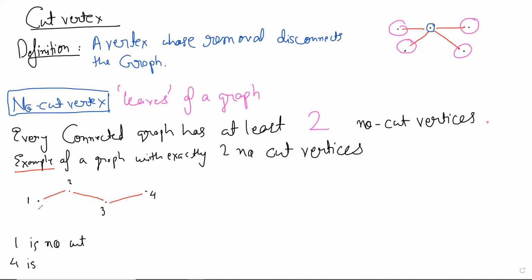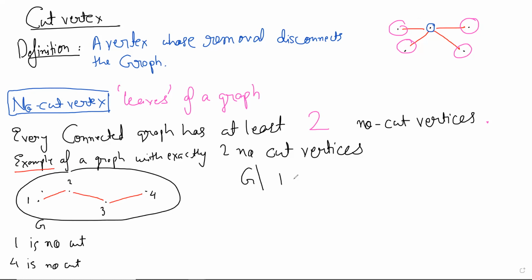So this is the graph G. When you remove 1, G minus 1 is connected. G minus 4 is connected. That's all.